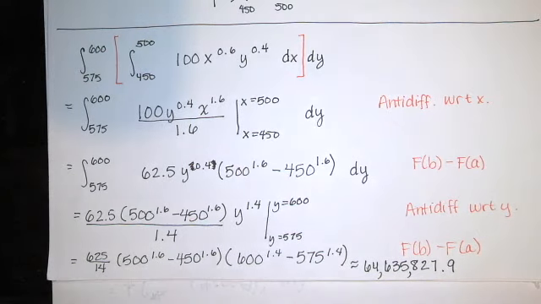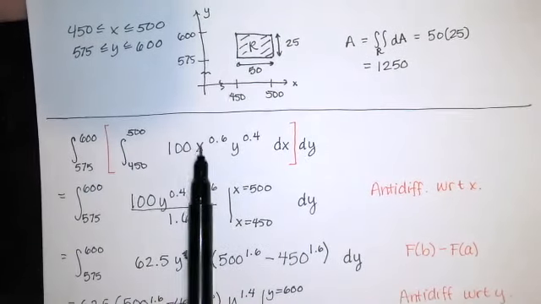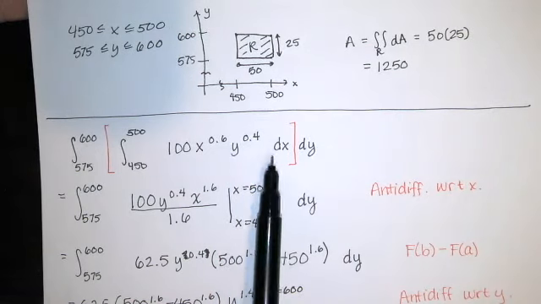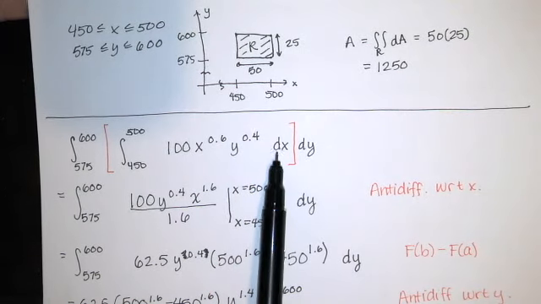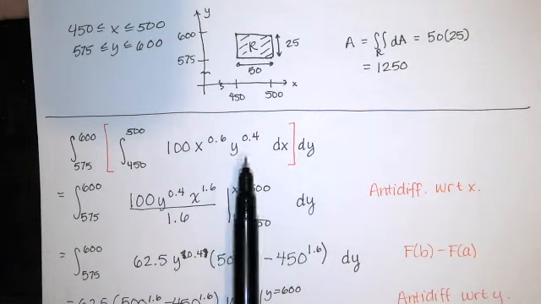That is sort of the volume under this function. So we're taking a production level and then we're multiplying by some number of units of labor and multiplying by some number of units of capital.